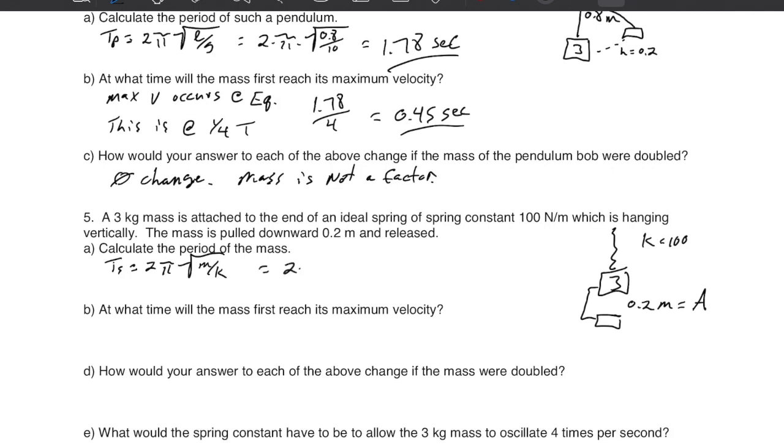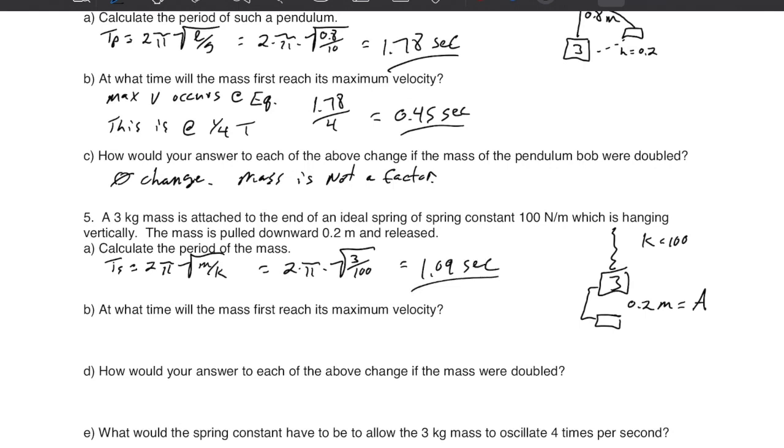We've got 2 pi times the square root of 3 divided by 100. And we calculate that. It looks like we get 1.09 seconds.